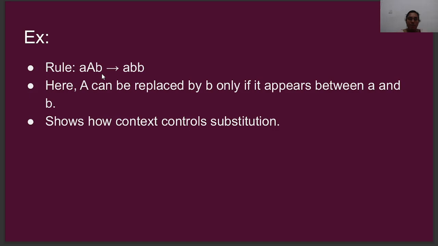So if capital A appears between a small a and a small b, then the capital A can be replaced by a b. Otherwise, you cannot. That is why it is called context sensitive. All capital A's are not replaceable by b. Only if it is following a small a and preceding a small b, then it is replaced by a small b. That is why this is called context sensitive. There is a control for the substitution.